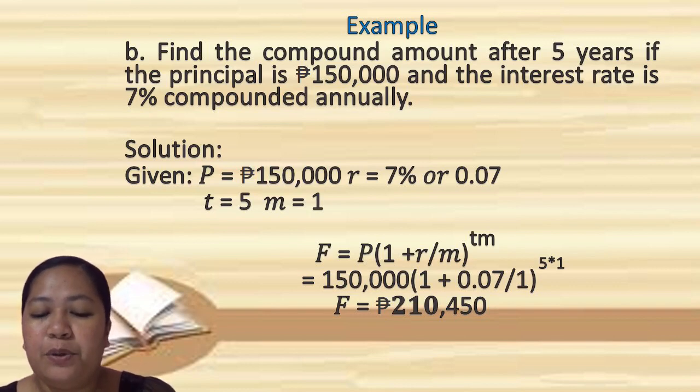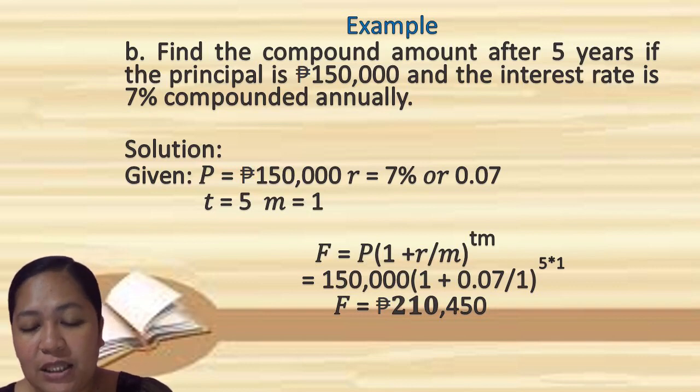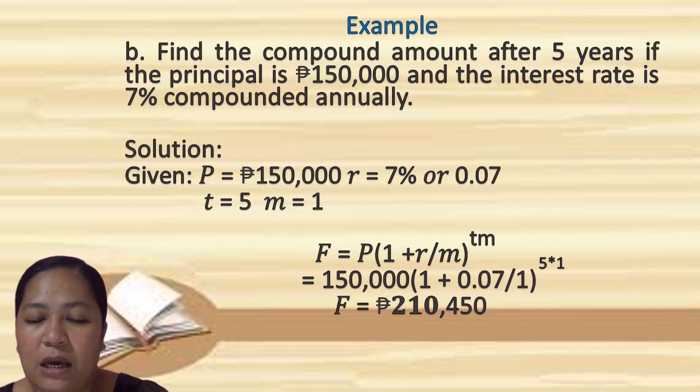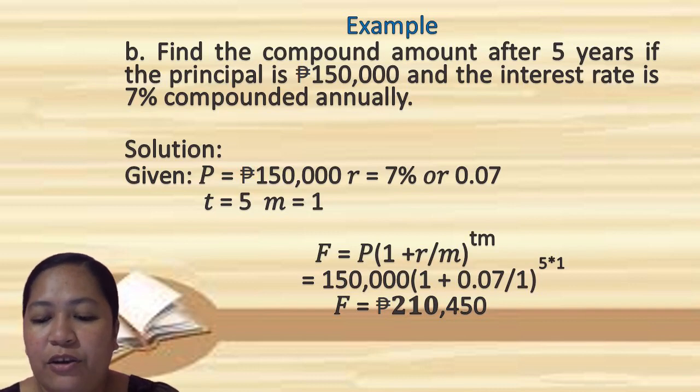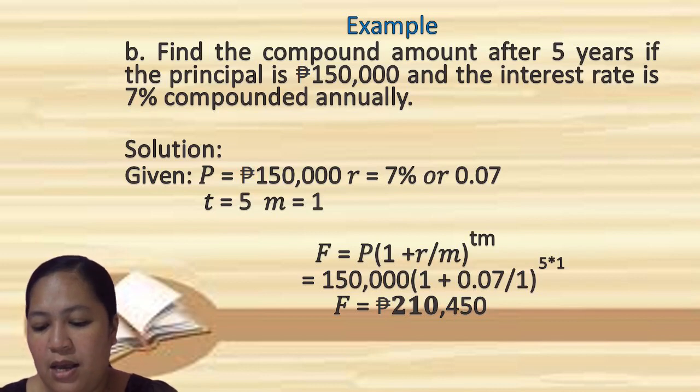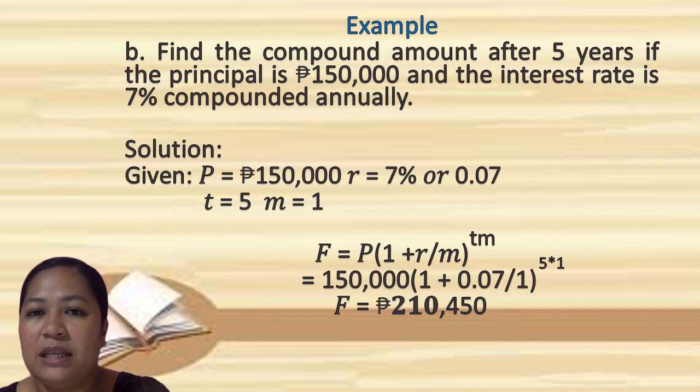So again, the principal amount P is 150,000, the R is 7%, the time is 5, and the M is 1. If we substitute this, that would be 150,000 multiplied by 1 plus 0.07 over 1, close parenthesis, raised to the power of 5 times 1. So the answer will be 210,450.